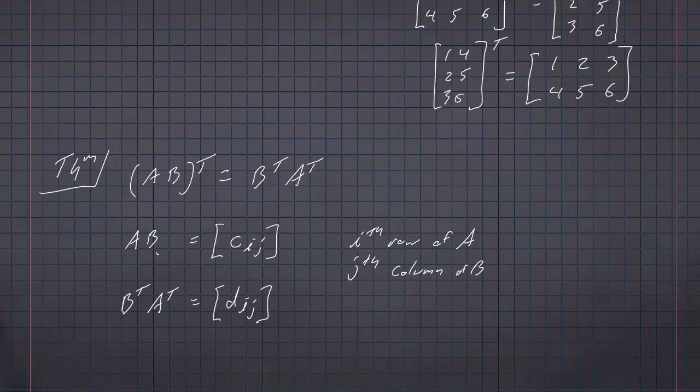That was just supposed to be AB is Cij. B transpose A transpose is Dij.